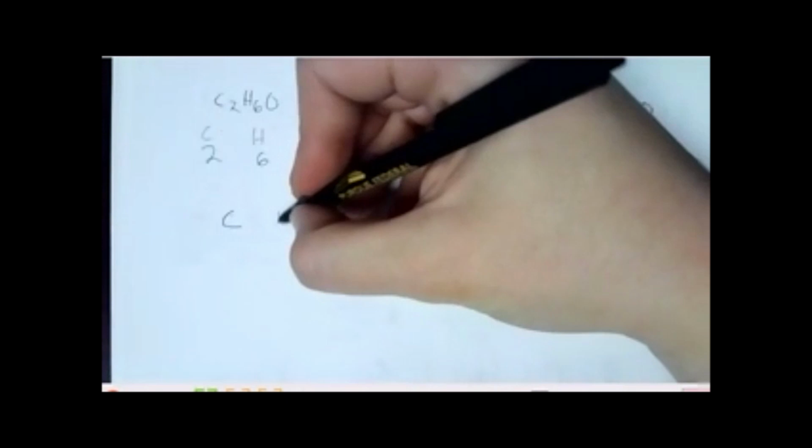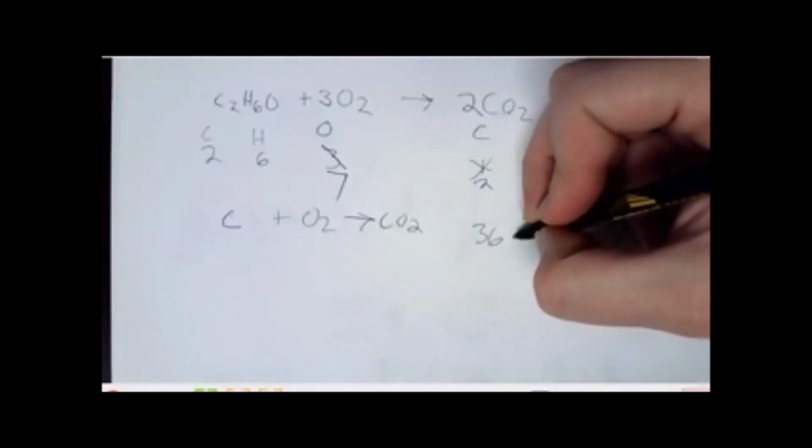Well, the book talks about a simpler reaction. We'll look at that one as well. Carbon plus oxygen goes to CO2. How much oxygen would you need to burn 36 grams of carbon? Carbon has the weight of 12 AMU, pulling directly from the periodic table.